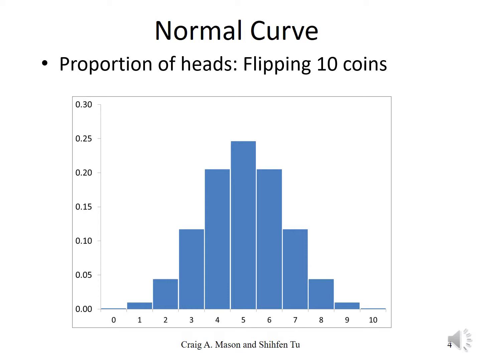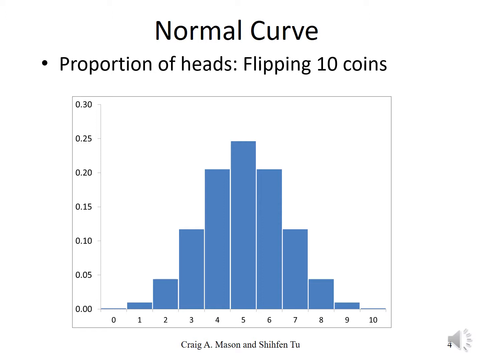Notice that even though the percentage of times one would expect to obtain 0 heads or 10 heads is very small, it's not 0. We would expect to get absolutely no heads flipping 10 coins about once in 1,000 times. Similarly, we'd expect to get 10 heads in 10 coins about once in 1,000 times.